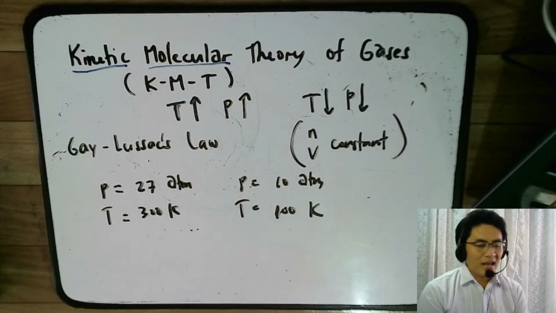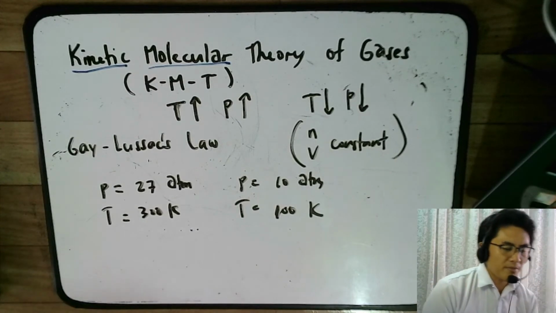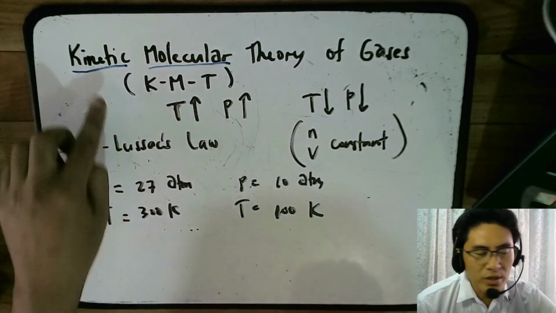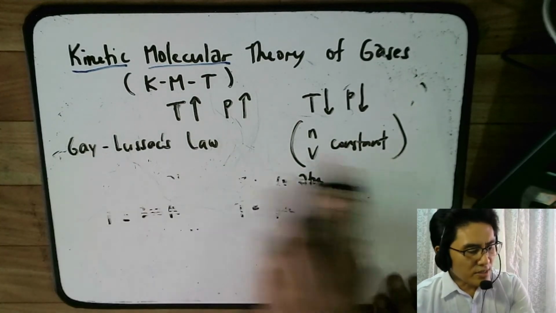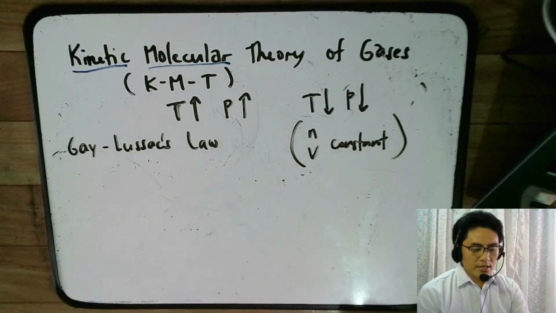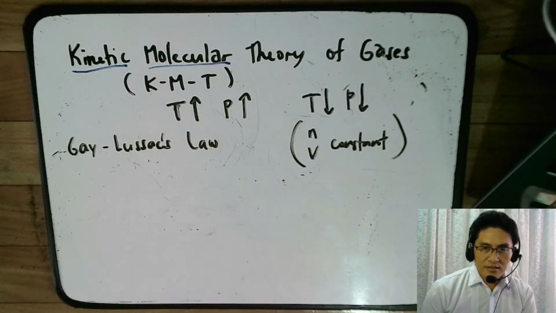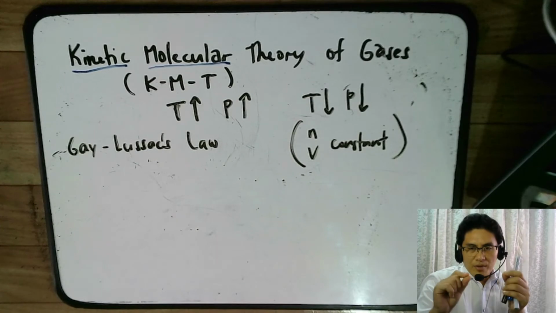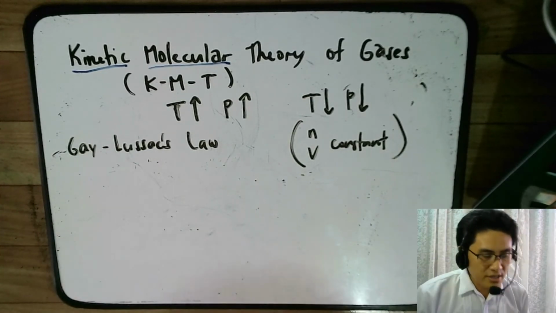Now, how can we think about this conceptually, not by looking at an experiment, but simply using what we know about the kinetic molecular theory? It's actually pretty simple, because remember that temperature, as we have discussed a while back, is simply the average kinetic energy of all the particles in the gas.